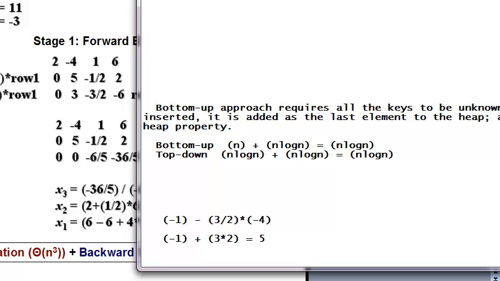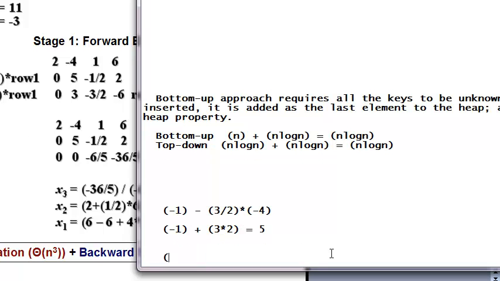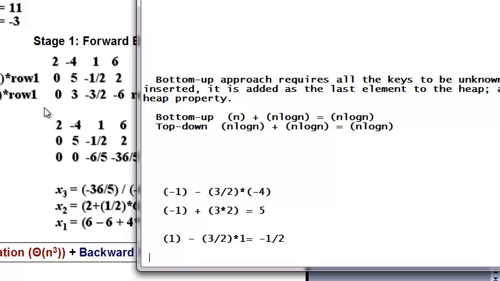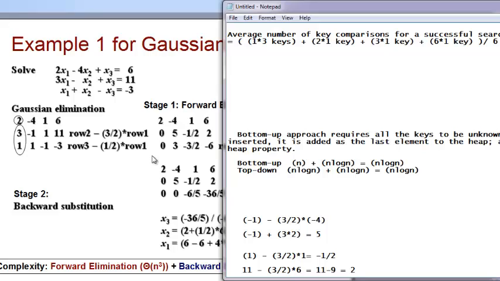Then 1 minus 3 over 2 times 1, so that's going to be negative half. Then 11 minus 3 over 2 times 6, which is 11 minus 9, which is going to be 2. Same way you do the math for the third row.